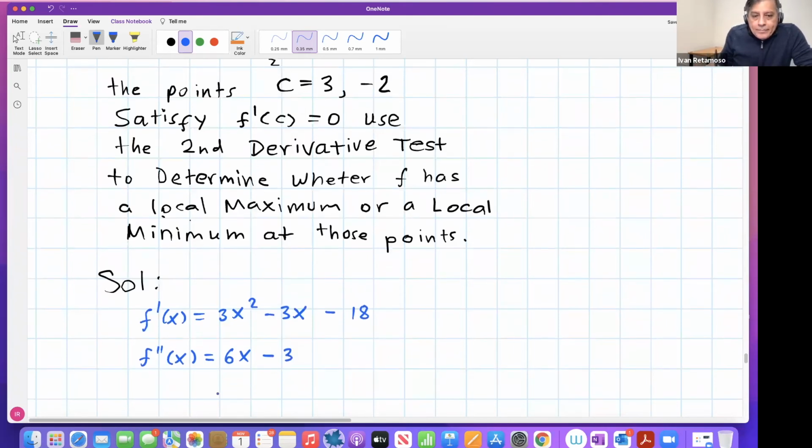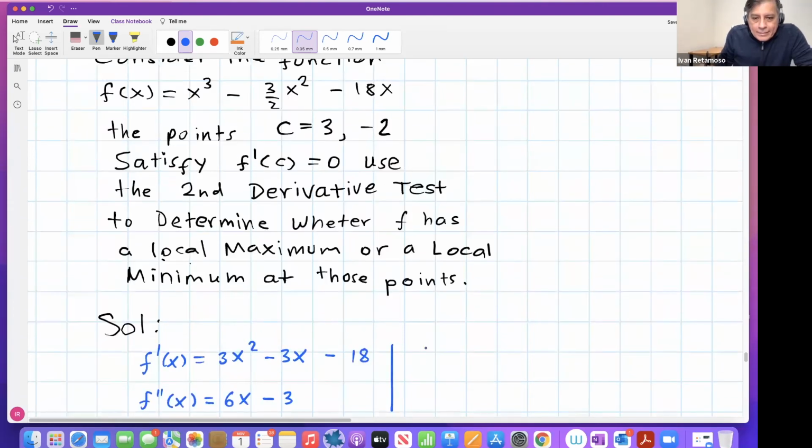Now, I need to do a couple of evaluations, right? The second derivative test says, if you evaluate your critical points on your second derivative, depending on this being positive or negative, you will know if you're dealing with a local maximum or local minimum. Let's evaluate the second derivative at x equals 3. So 6 times 3 minus 3. 6 times 3 is 18. 18 minus 3 is 15.